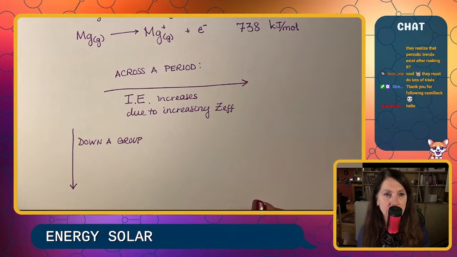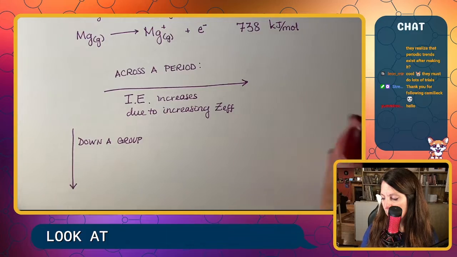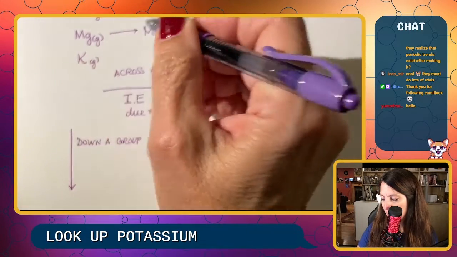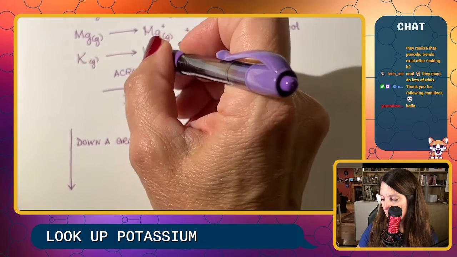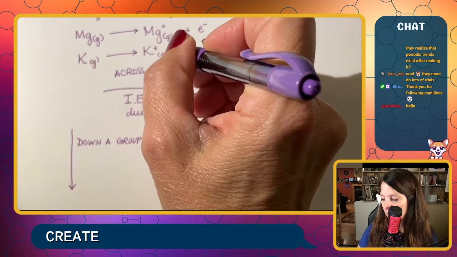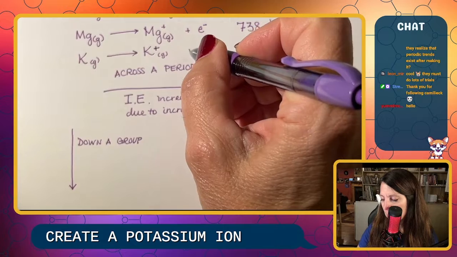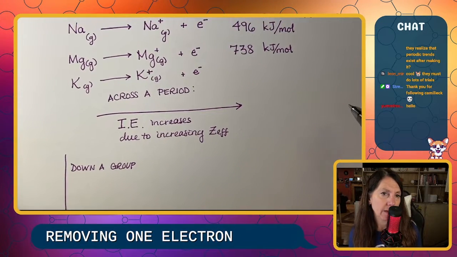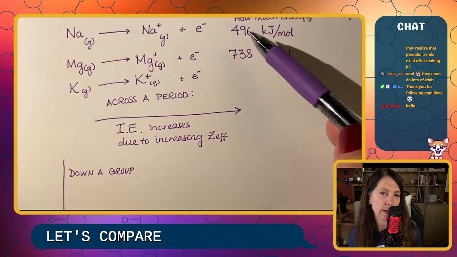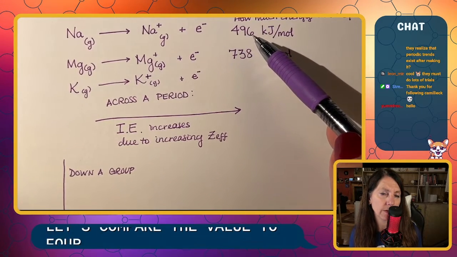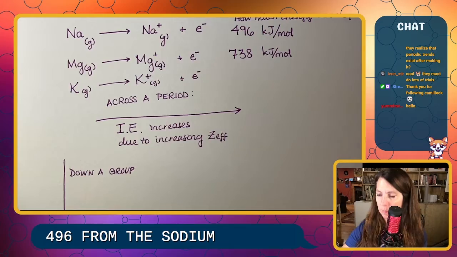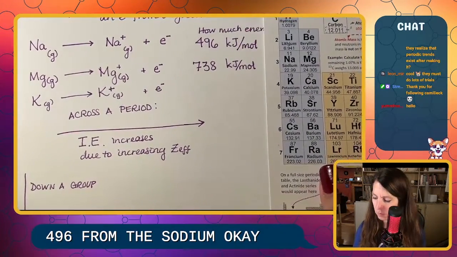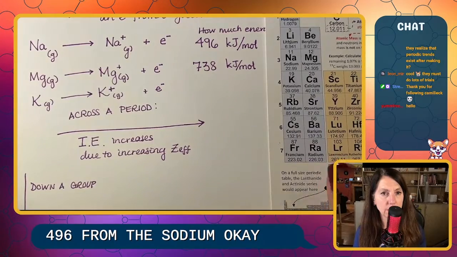So let's see. Let's look at, and maybe I can squeeze it in here, potassium and create that potassium ion by removing one electron. And let's compare the value to 496 from the sodium. Okay. We can fit all this on here.